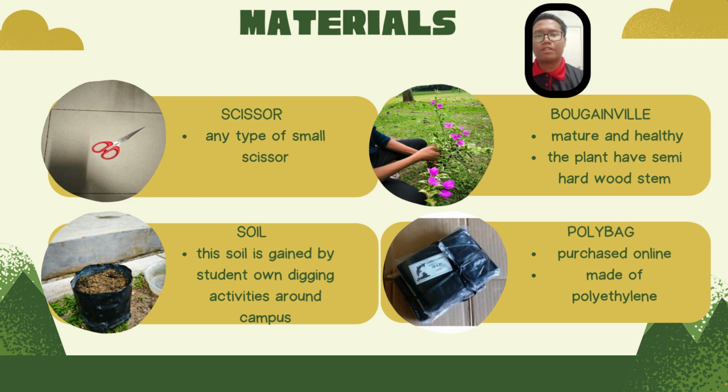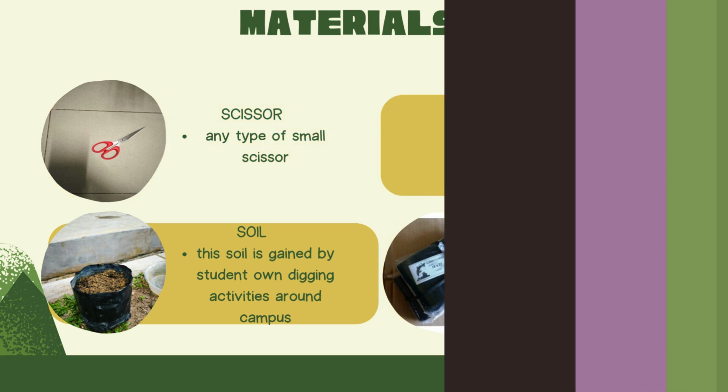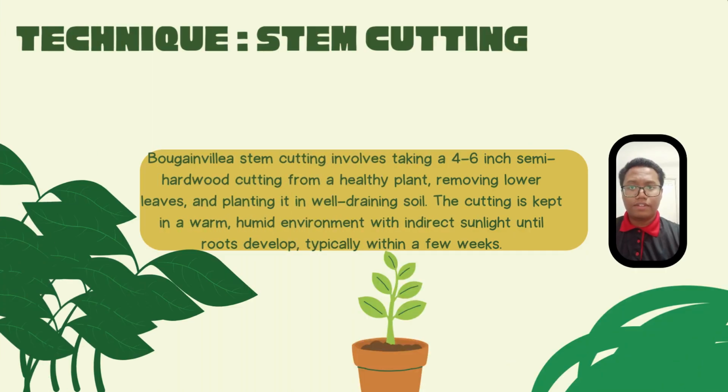The plant must be mature and healthy and have a semi-hardwood stem. That is a sign that the plant is suitable for propagation. Lastly, we are using a poly bag that was purchased online, made of polyethylene, which is well known as a basic plastic material. The technique in these activities is stem cutting.